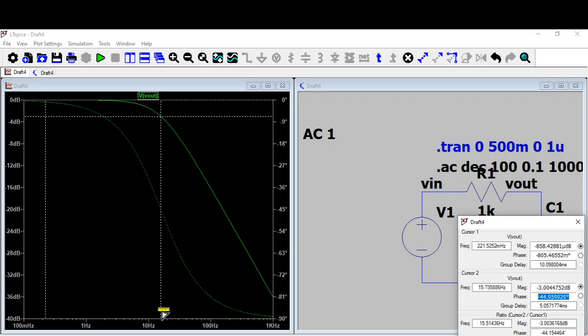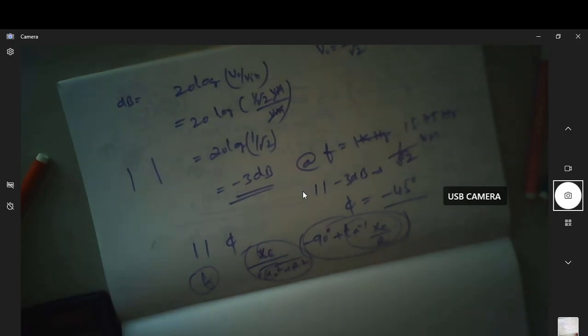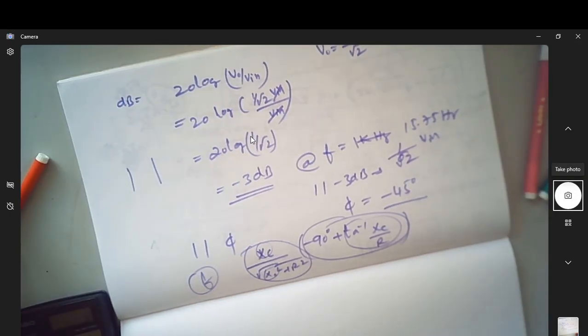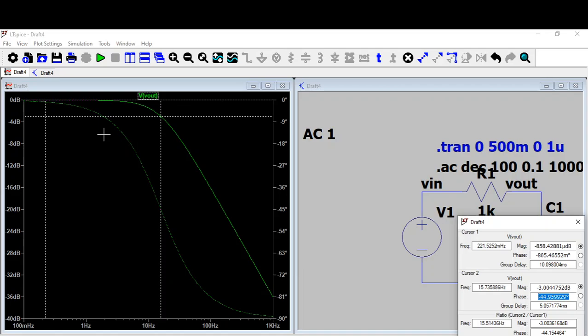So at a frequency equal to 15.75, magnitude is 1 over root 2 times, which is nothing but minus 3 dB. Why is it minus 3 dB? You can see 0.707 in terms of dB is actually minus 3 dB, which is happening at a frequency of 15.75 hertz. So this captures both the magnitude as well as the phase.